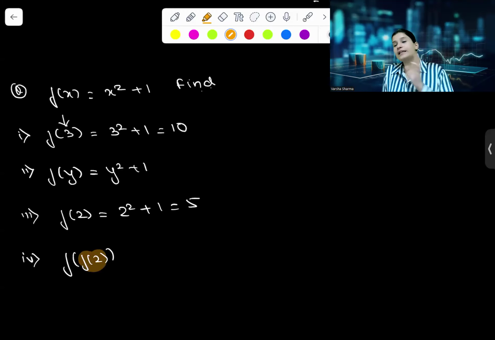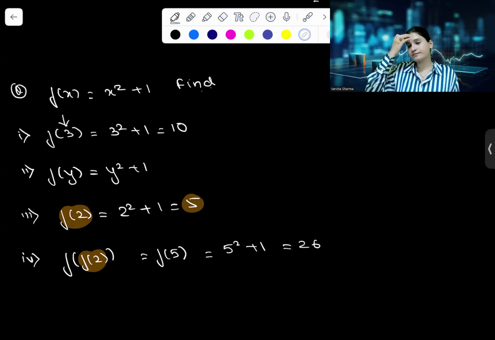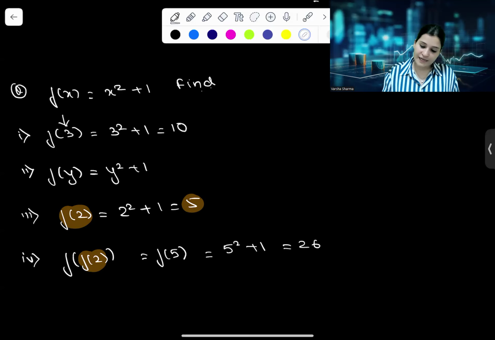I would have first calculated f of 2, which is 5. So it would be f of 5. Now again f of 5 we will obtain as 5 square plus 1, that is 26. Understood?